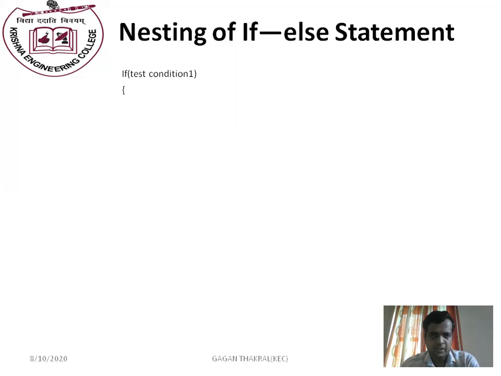Example: initially we pass an if test condition. In the definition of the if, we again pass an if-else statement, and this is known as nesting of if-else. Finally, we close the definition of the initial if statement, and then we write else.